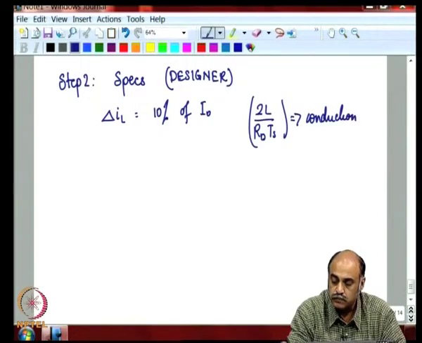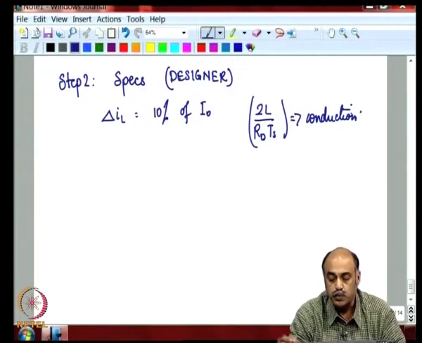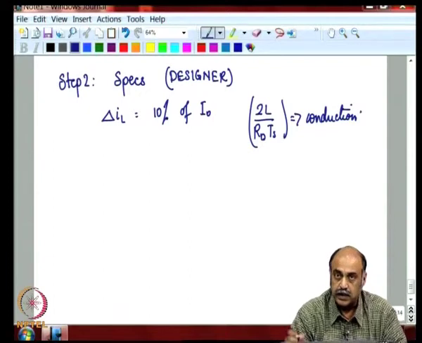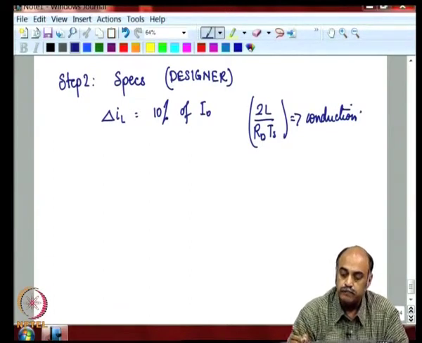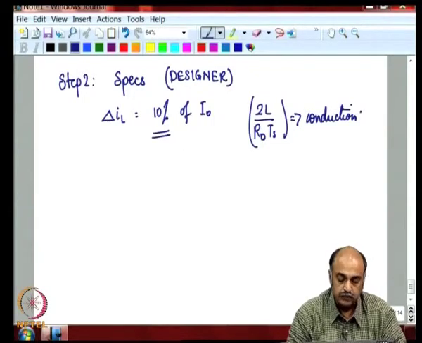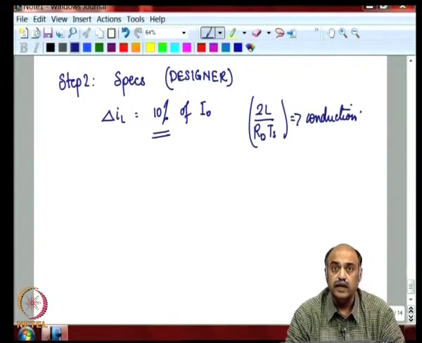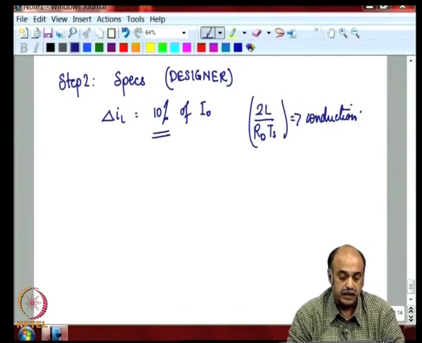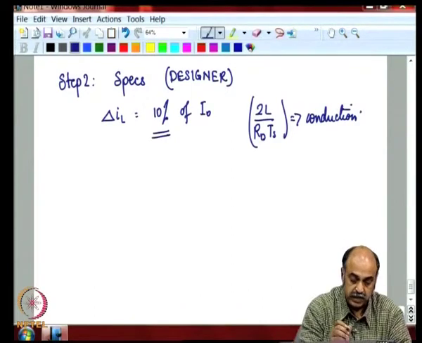If this is known, this also could be used to obtain the value of delta IL. If none is known, then the first starting value of 10% of I naught is a good enough ripple current in the inductor.